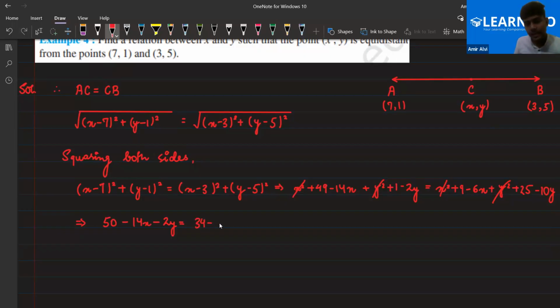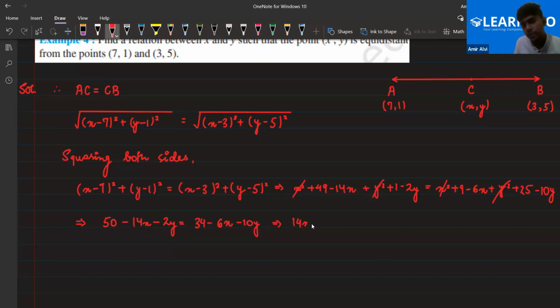Minus 6x minus 10y. Now, Gianna, I will take all the variables x and y on one hand side, and all the constants on the other hand side. I'm taking the 14x and 2y to the right hand side and the 34 to the left hand side.